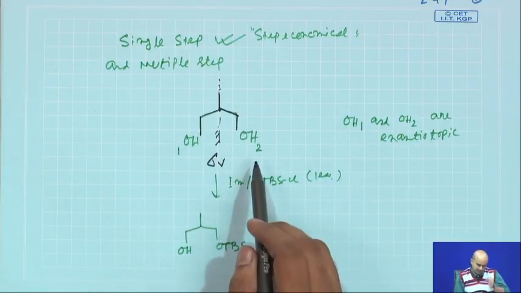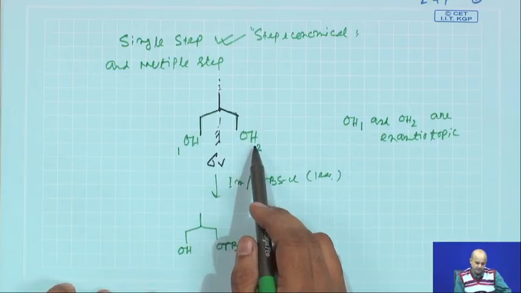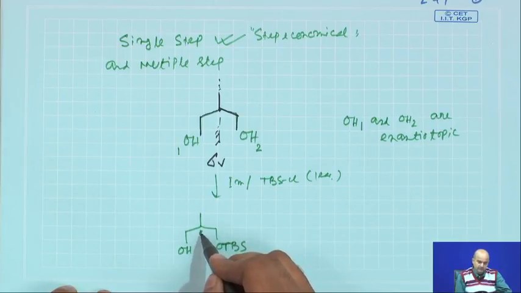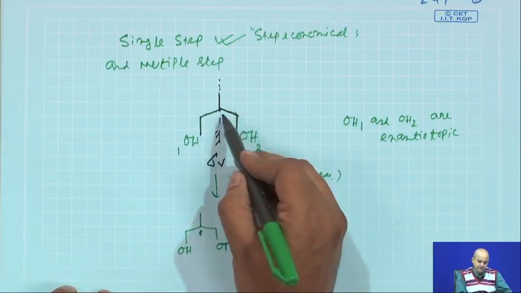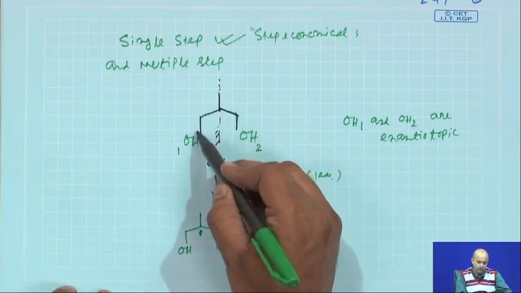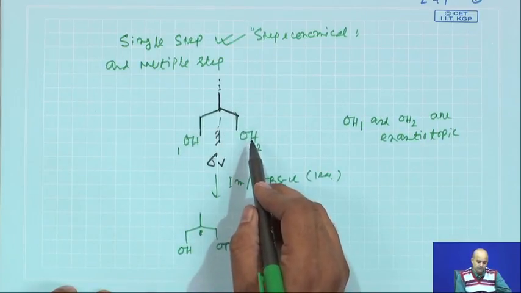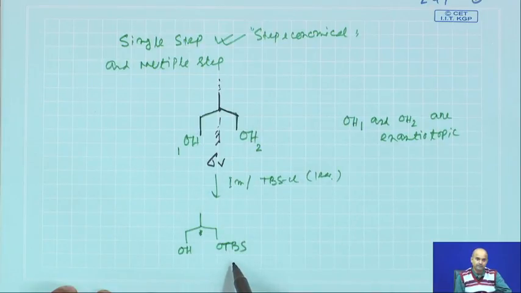The thing is, after the desymmetrization you will see that this molecule is no longer achiral. The center is now a stereogenic center. Initially this is the prochiral center because CH2OH and CH2OH are the same. Now, once you convert one of the OH to OTBS, you are basically bringing in a stereogenic center.